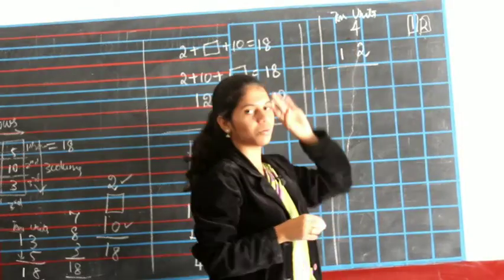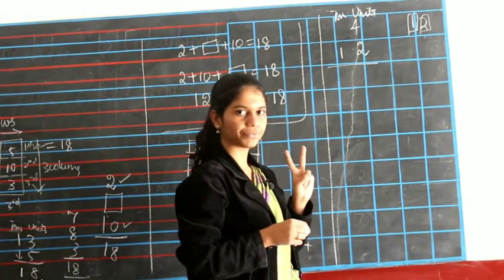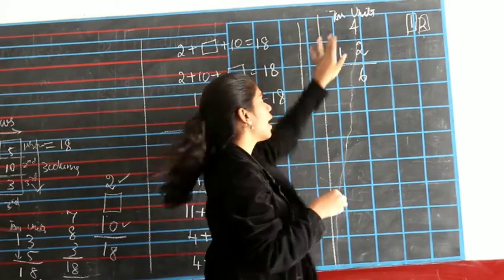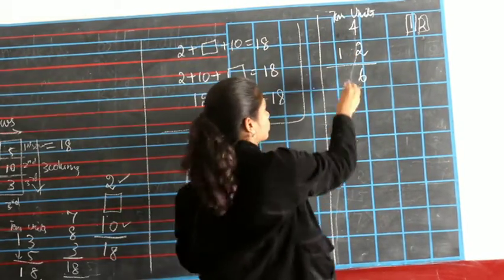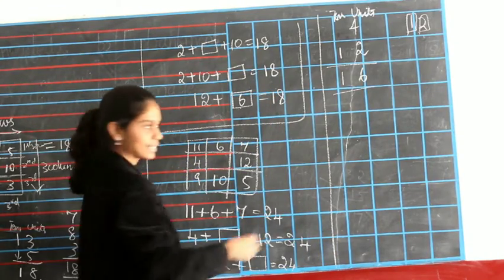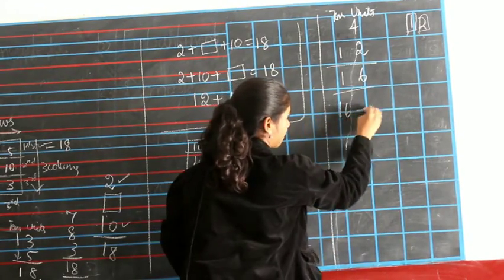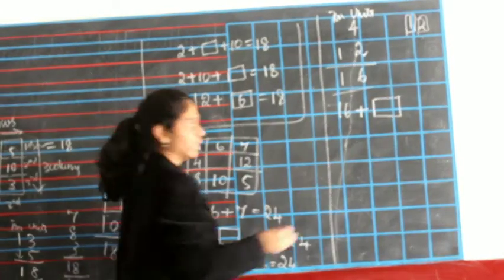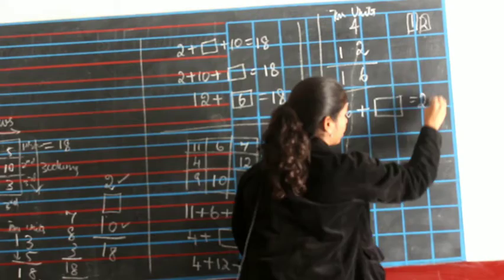So 4 in your mind, 2 in your finger. 4 after 5 and 6. Here you have 1 and there is nothing there. Okay, so 1. Now you got 16 plus a box and then equal to 24.